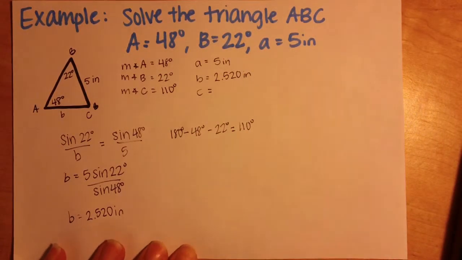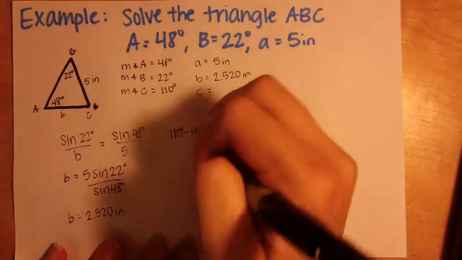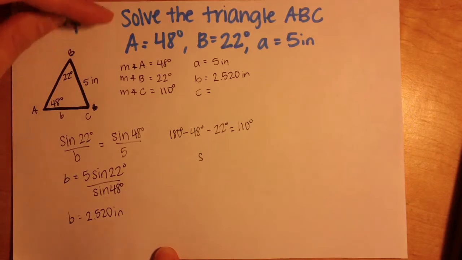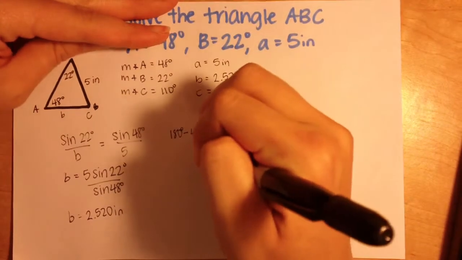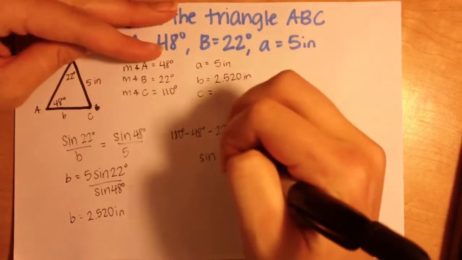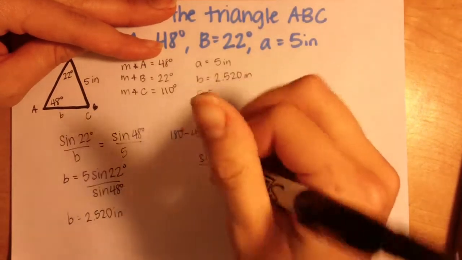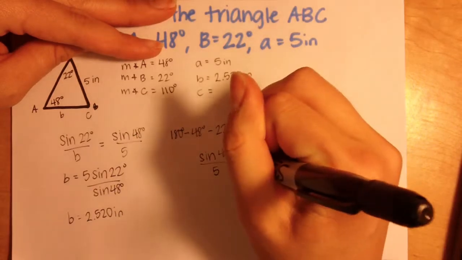And then we can use the law of sines again to solve for that remaining side. Since this is an approximation, I'm going to go back to the original side that we were given, using A. So the sine of A, 48 degrees, all over side a, which is 5.